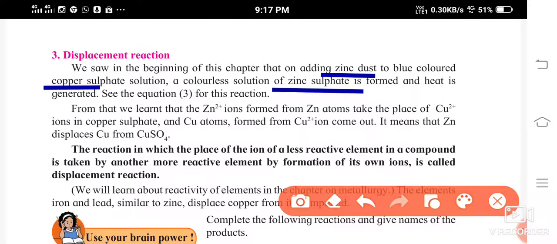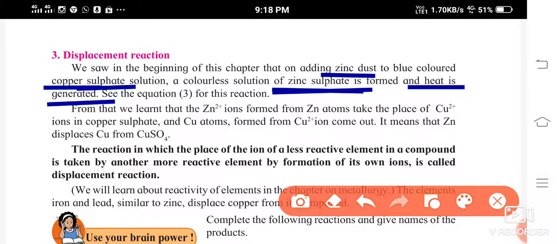This zinc sulfate which was formed was colorless, but initially the copper sulfate was blue in color. Now when you added zinc to it, the solution became zinc sulfate and it was a colorless solution. Now during this reaction, what happened? Heat is generated.